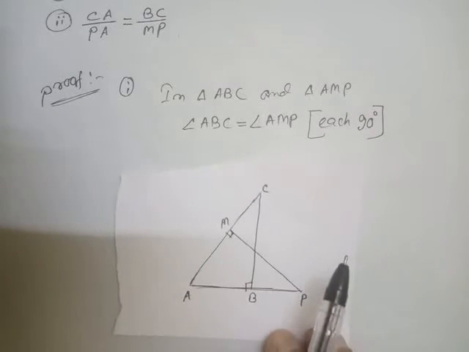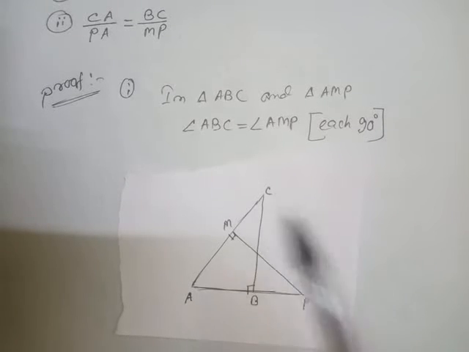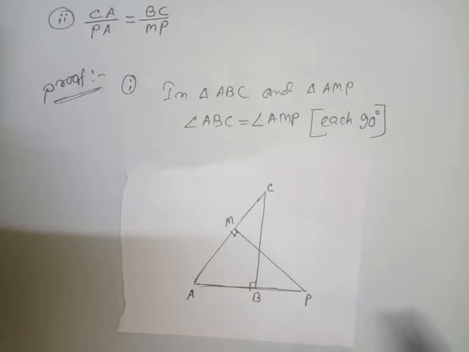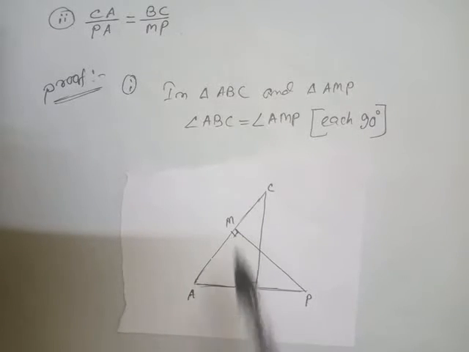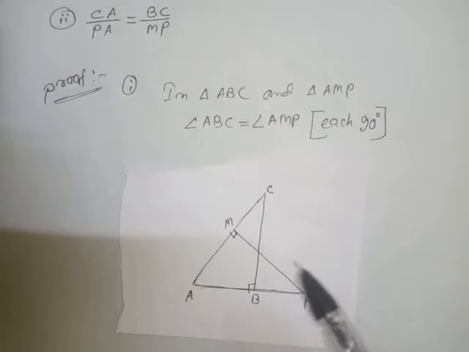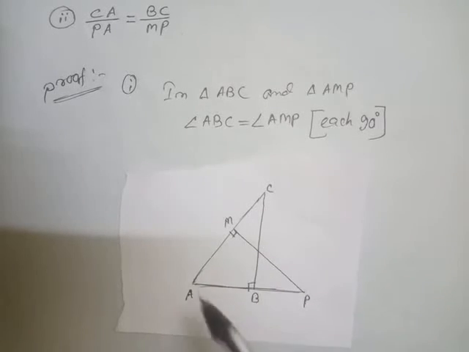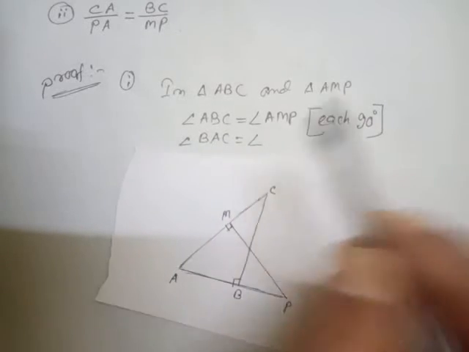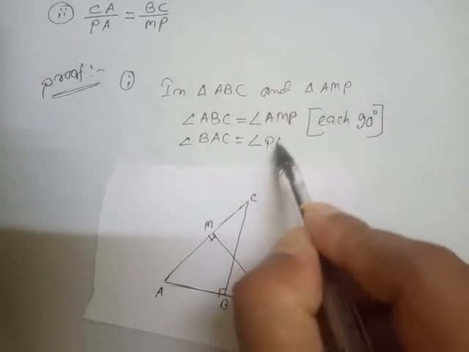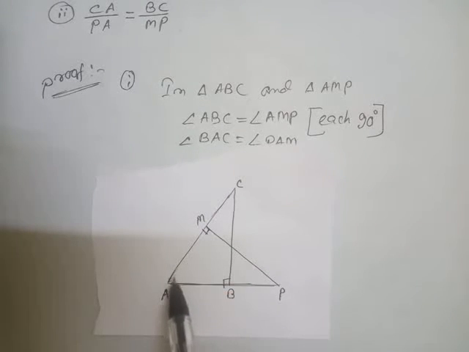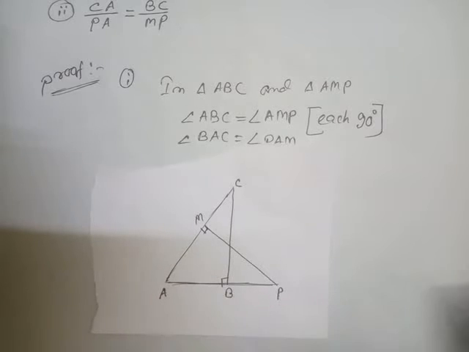Now student, look at the second case. Angle BAC is common at A, and angle PAM is common at A. We'll write here angle BAC equals angle PAM. Look here in the diagram, angle BAC means angle A here and angle PAM means again angle A, the common angle.